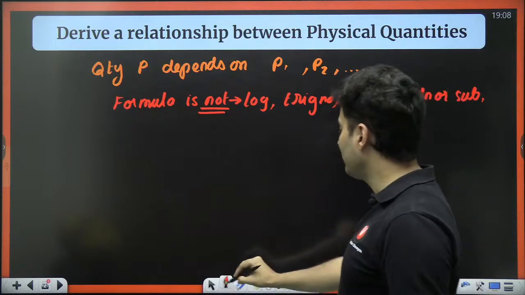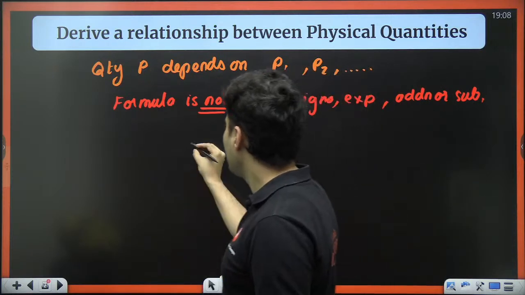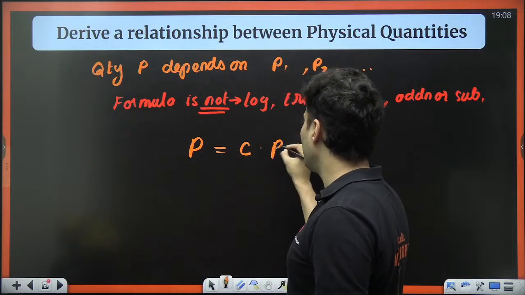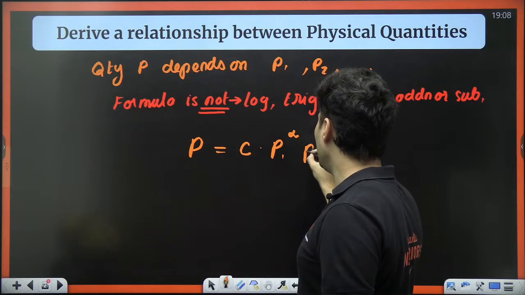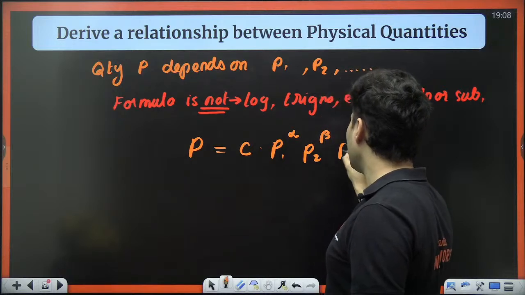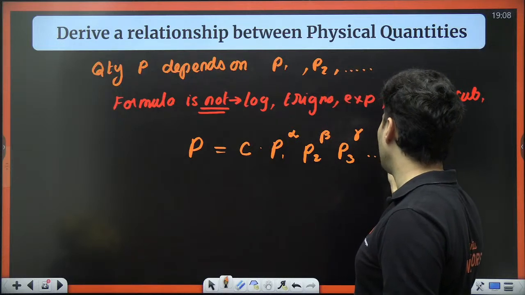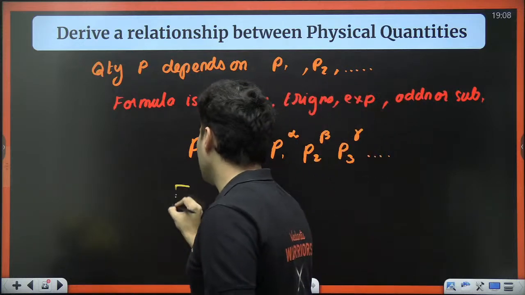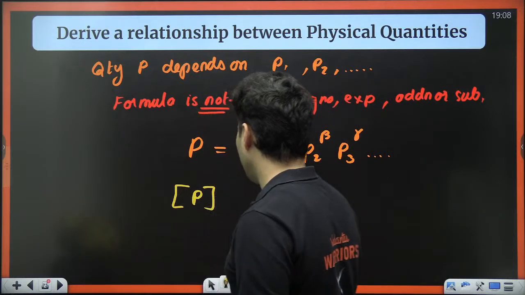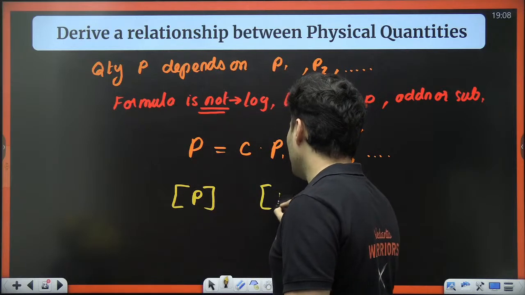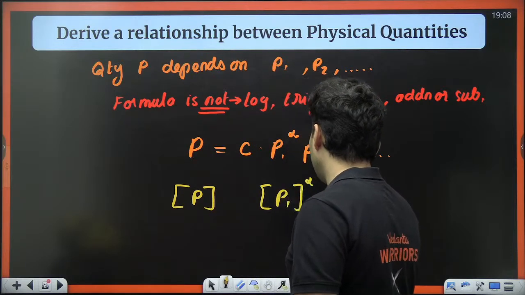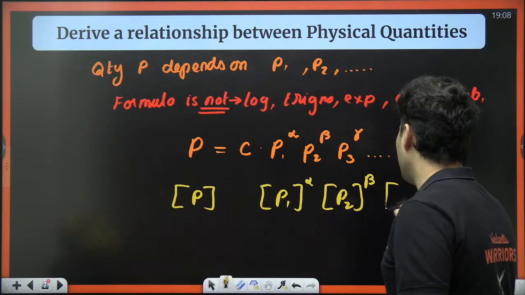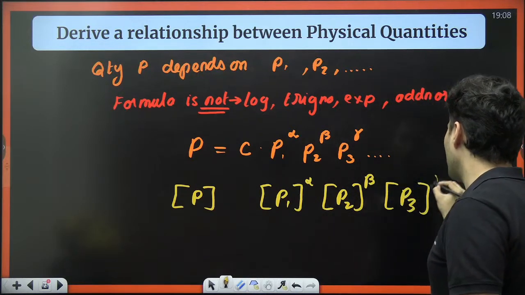Then you can say that the quantity P is some constant into P1 raised to alpha, P2 raised to beta, P3 raised to gamma, and so on. And then you can also say the dimensions of P is dimension of P1 raised to alpha, dimension of P2 raised to beta, dimension of P3 raised to gamma, and so on.